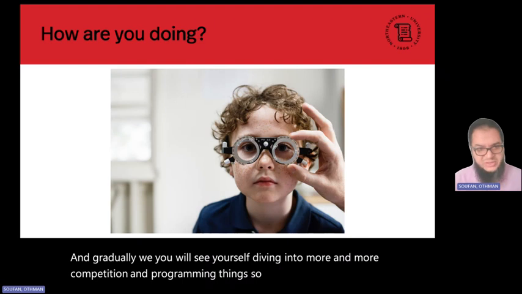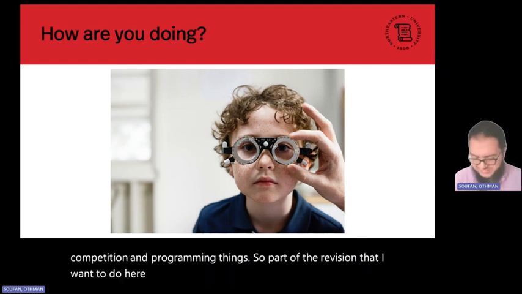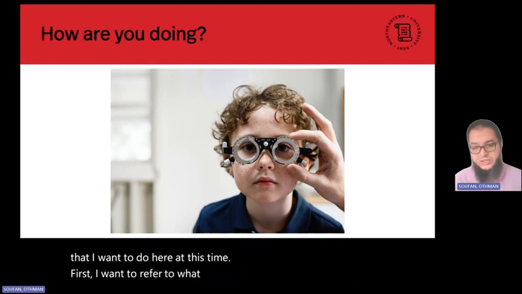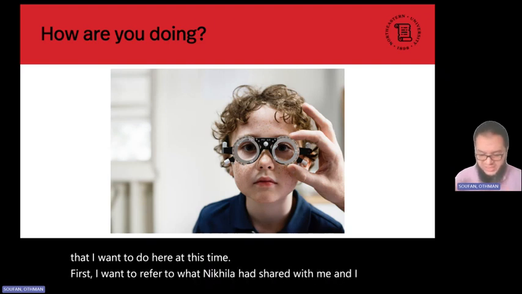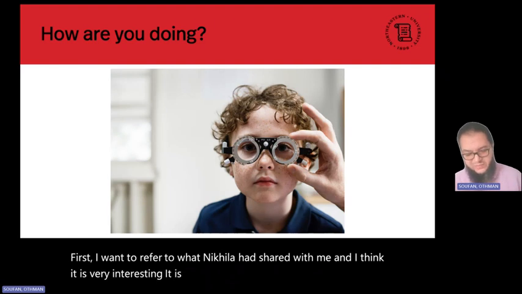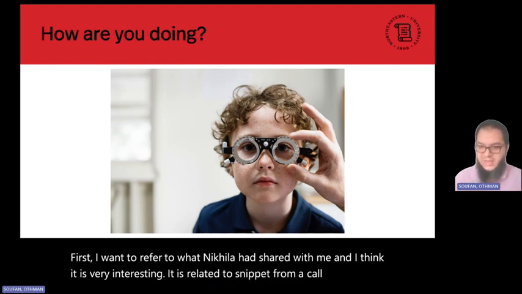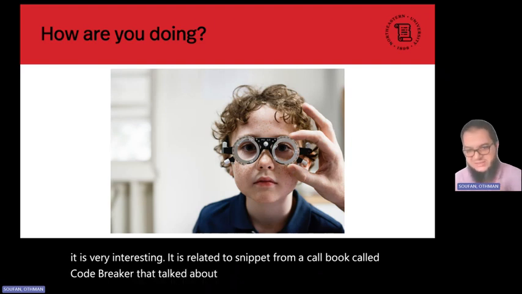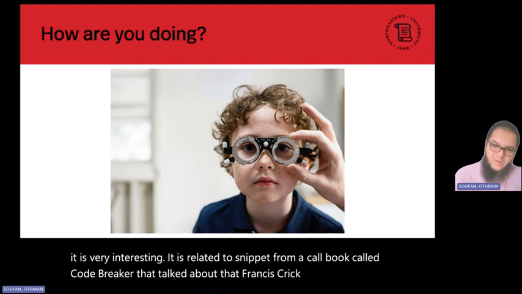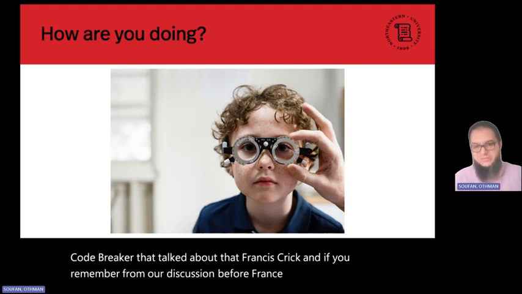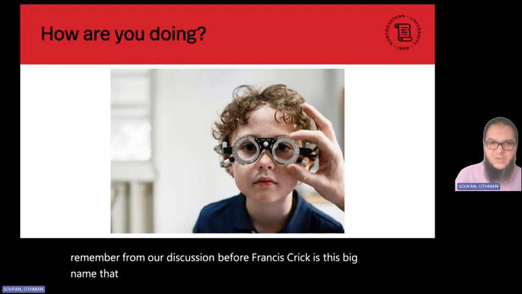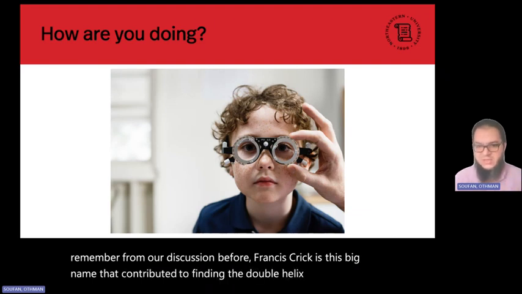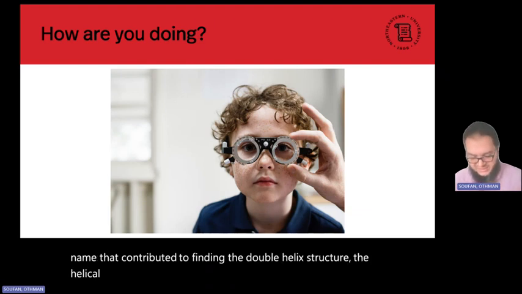Part of the revision that I want to do at this time, first, I want to refer to what Nikhila had shared with me, and I think it is very interesting. It is related to a snippet from a book called Code Breaker that talked about Francis Crick. And if you remember from our discussion before, Francis Crick is this big name that contributed to finding the double helix structure of the DNA.